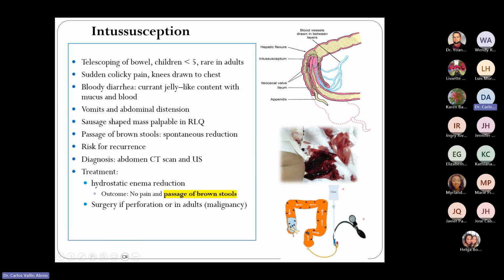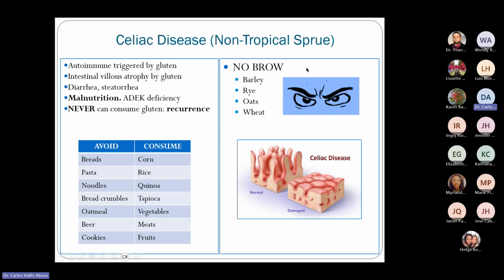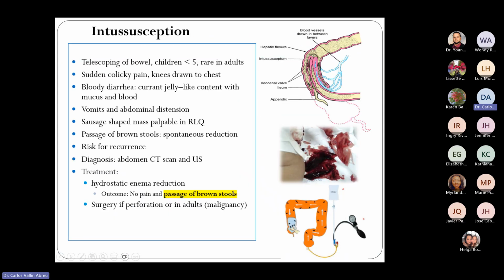Intussusception, also in your NCLEX, is seen generally in young children. The most common form is the herniation or telescoping of the ileum. There can be intussusception in any part of the GI, but in this case, the most common is the ileum penetrating into the cecum.